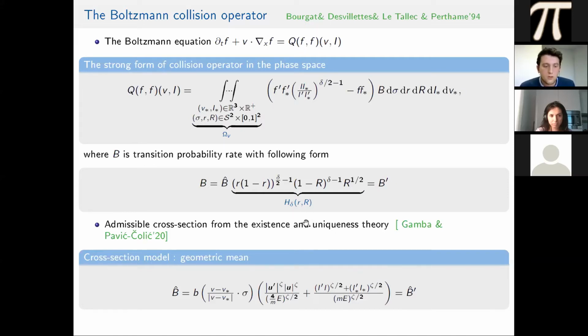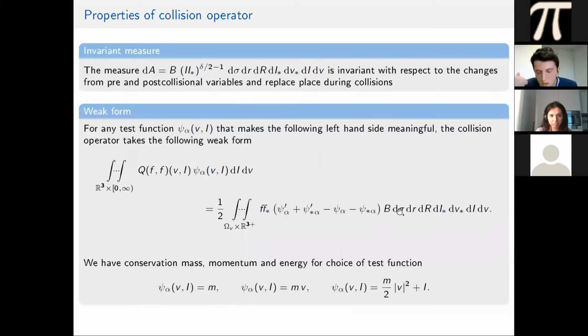So we are motivated to use this cross section, and we will continue with this form. Another important thing is that my measure is the cross section multiplied with this factor, and we want this factor to be invariant to the change of pre- and post-collisional velocities.